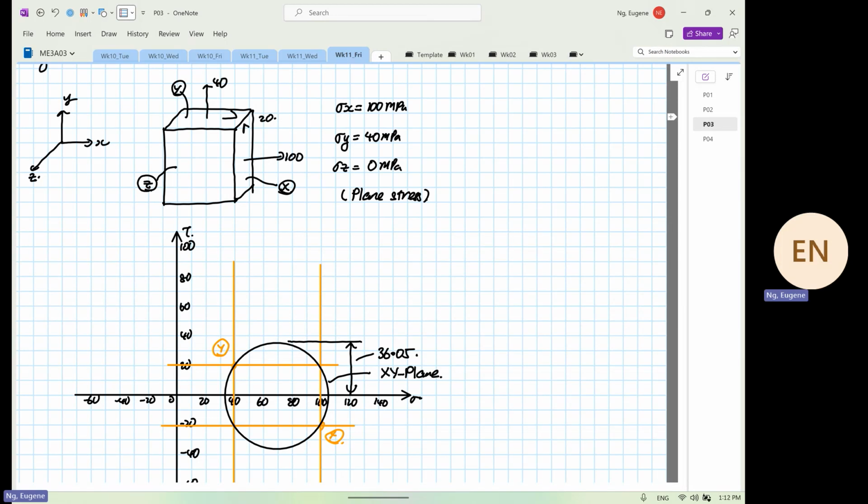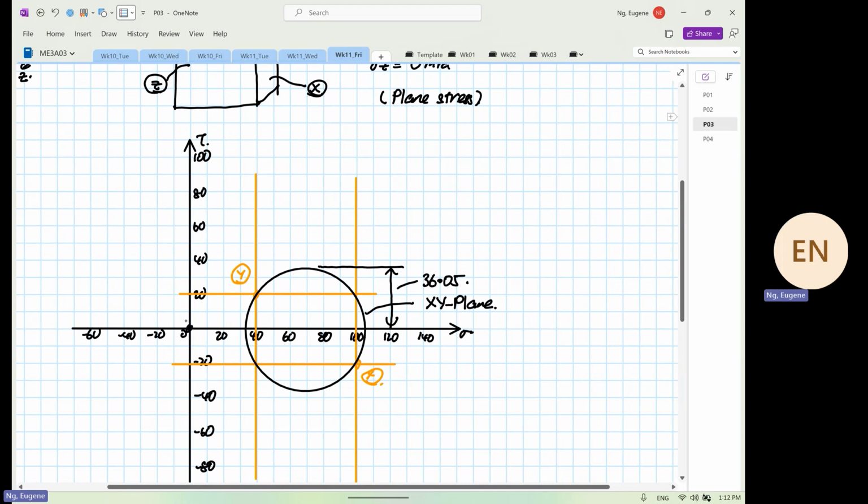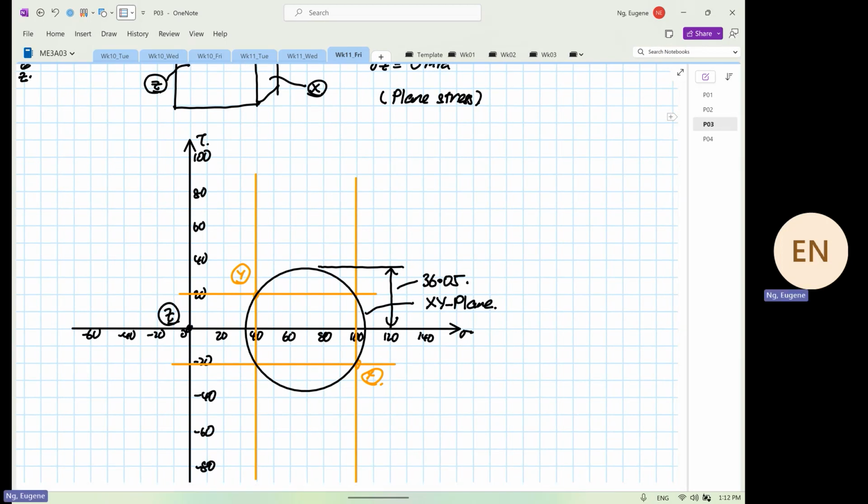But now, where is point Z? 0. Listen, 0 means where? This is your point Z. When that's the case, the 36.05 is down the toilet bowl.